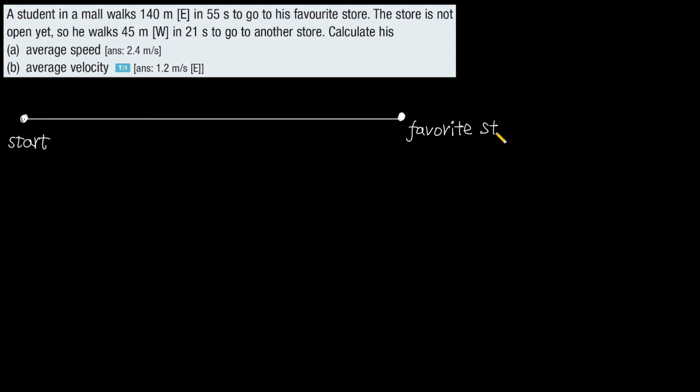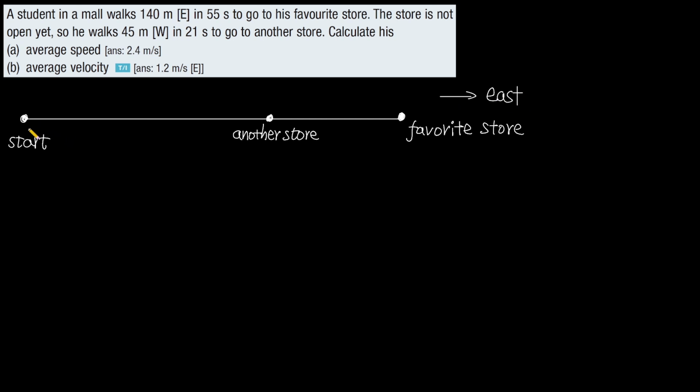Average velocity. So the student walks on a straight line, and here is his start point, and here is his favorite store. And here is another store. And this direction is east.